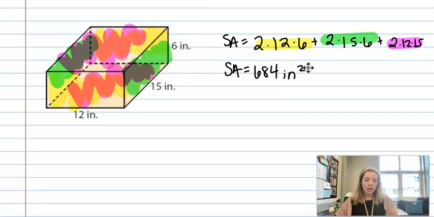Okay, because it's like I'm taking a 1 inch by 1 inch square. I would need 684 of those to completely cover our rectangular prism. Okay, so that's how you do these. All of them are going to be the same today. And next you're working on a Delta Math assignment.